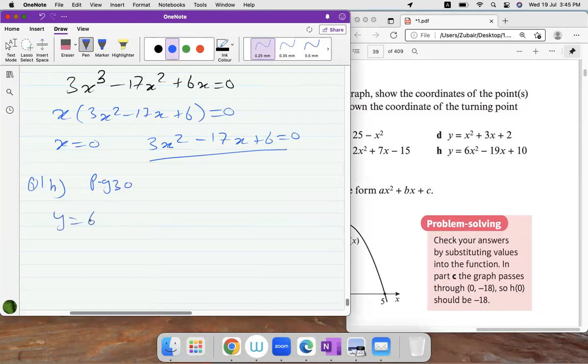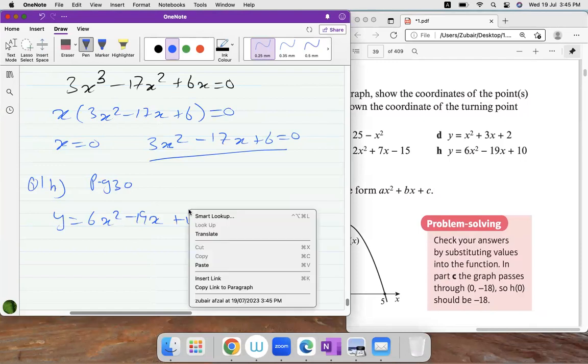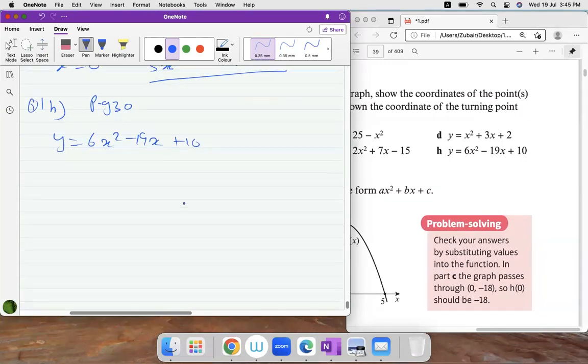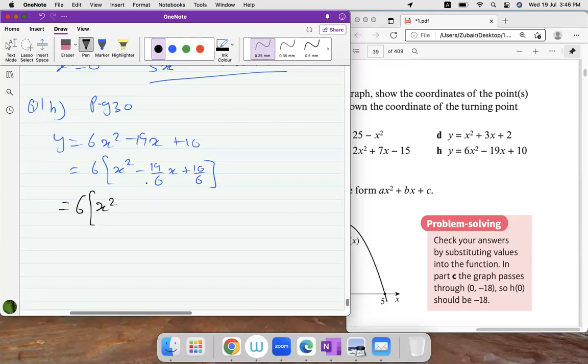So it says y is equal to 6x squared minus 19x plus 10. The first step is taking out 6 as a common factor: x squared minus 19 by 6x plus 10 by 6. The second step: I keep 19 by 6x as it is, and half of that coefficient gives 19 by 12.